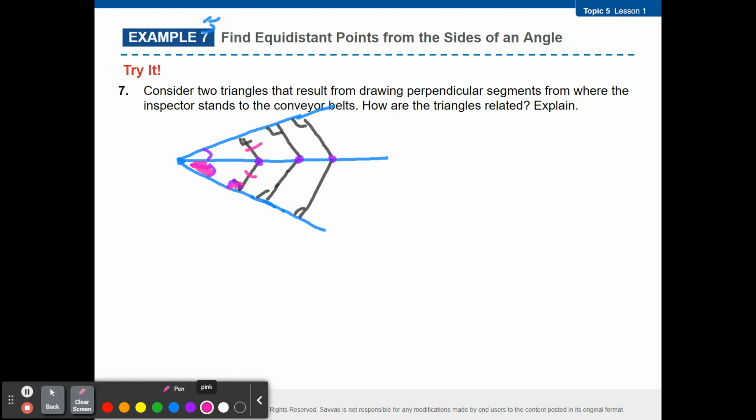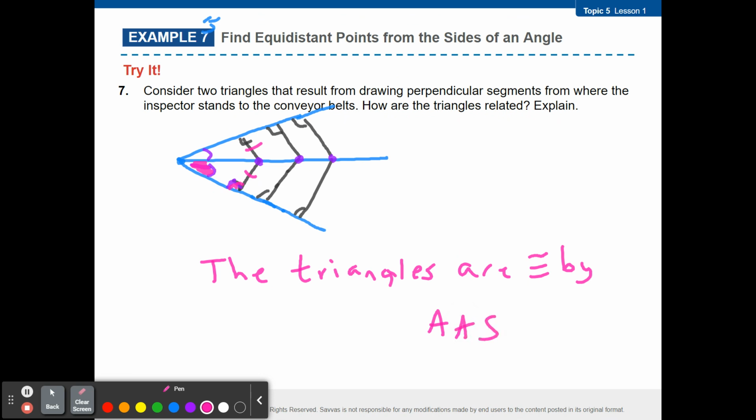Okay, so in this case, the triangles are congruent by angle, side. And this is leading us into our next theorem, okay?